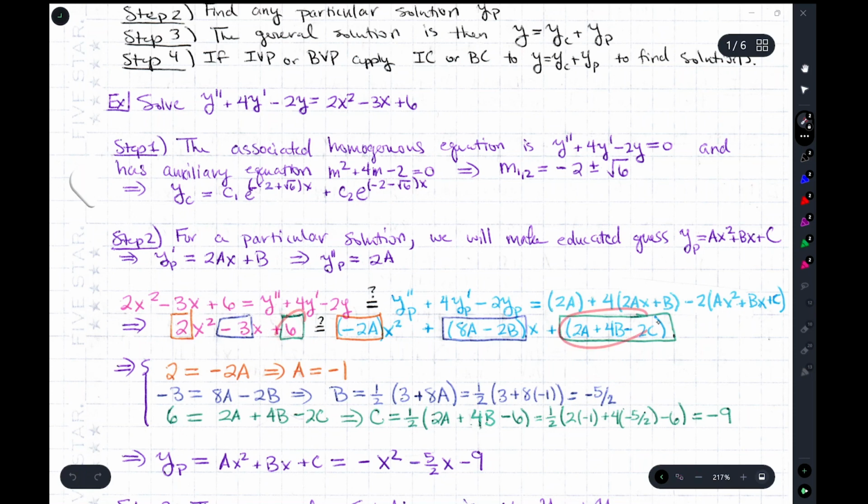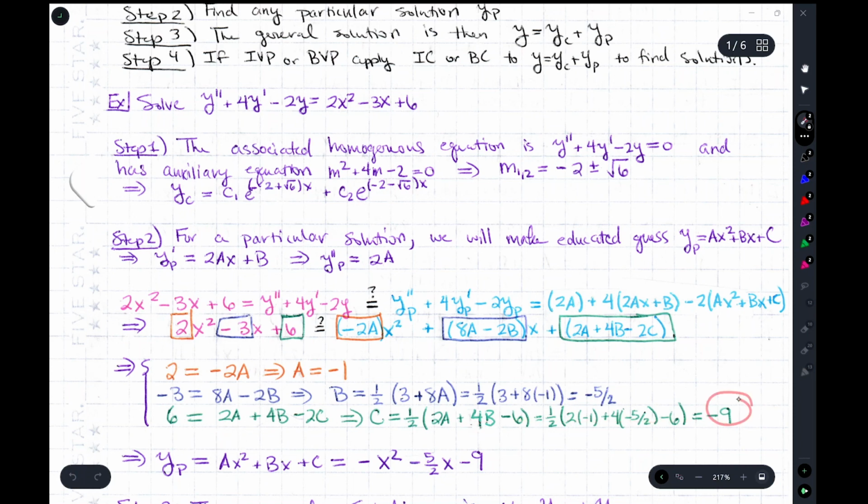And finally, the term that's not multiplied by x, or if you will, x to the power of 0, which is just 1, okay, gives us this. Okay, so notice that we're matching the coefficients for each term, x squared, x, and x to the power of 0, or 1.